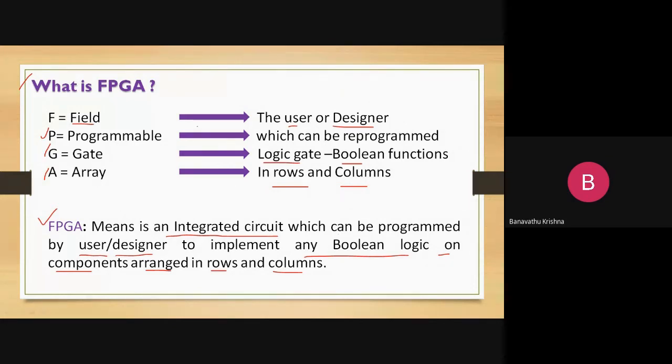That is the basic meaning of FPGA. Once again, FPGA means an integrated circuit which can be programmed by the user or designer to implement any boolean logic on components arrayed in rows and columns, right? So this is the FPGA.